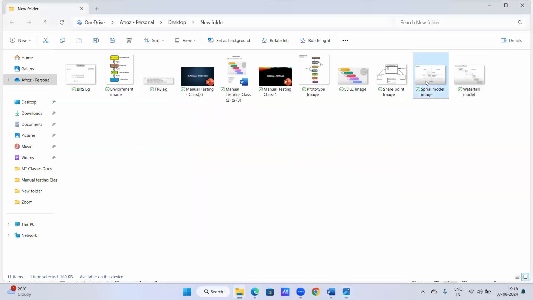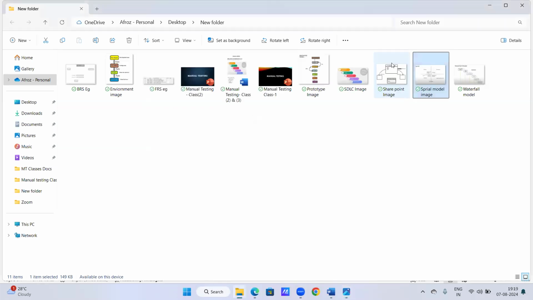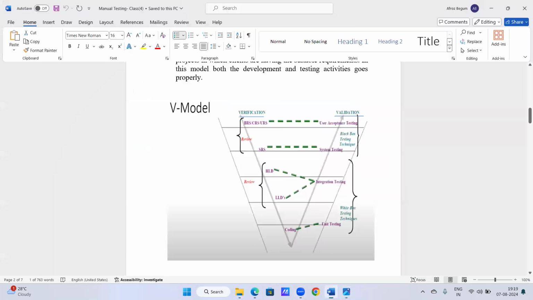And if you see in the spiral model also, we have only one phase of testing in every cycle. But now in the V model, in every phase, we have testing. In requirement analysis, design phase, coding phase, testing phase, we conduct the testing. That's the main specialty of the V model.